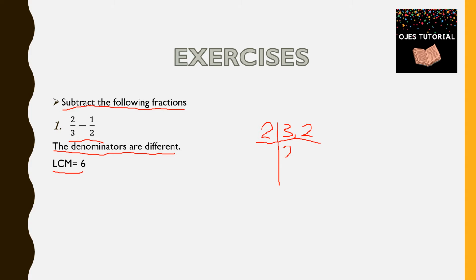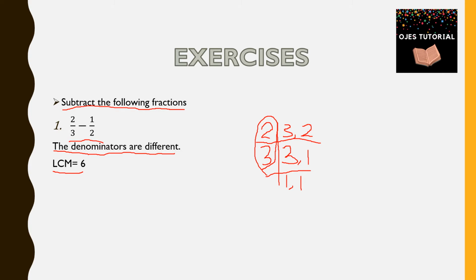So I will bring 3 as it is down and here 2 ones are 2, and here 3 we have to divide. The only number that divides 3 is itself. So I'll write here 3. Here 3 ones are and here 1. So what we got is 2 and 3 on the left side.